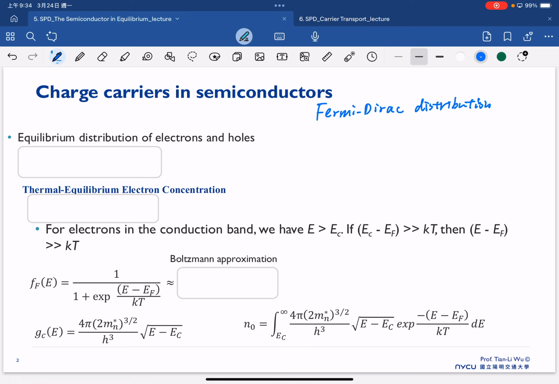In the case of the Fermi-Dirac distribution, the formula that we discussed last week is shown here.